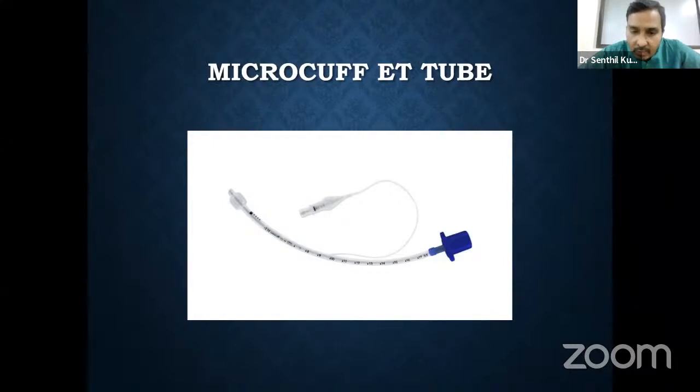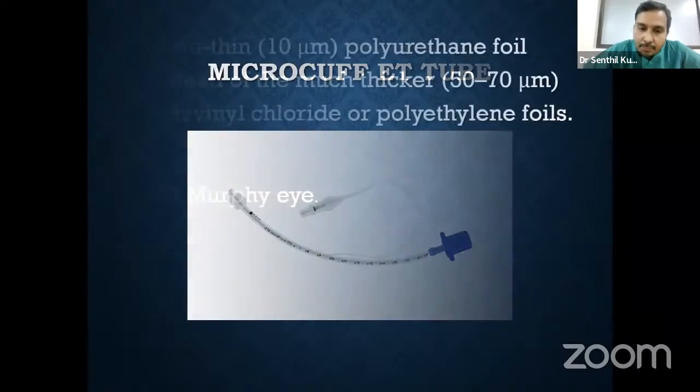Since it is very narrow, when the edema is there, it is going to increase turbulence for the flow, which in turn increases the resistance. Whenever there is a decrease in radius, it increases the resistance by 32 times, which is twice that of an adult. So being a narrow airway, when we put a cuff and inflate, the chance of post-extubation croup is very high in pediatric patients. That's why we have devised this micro cuff tube.